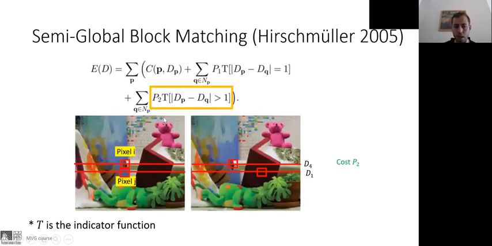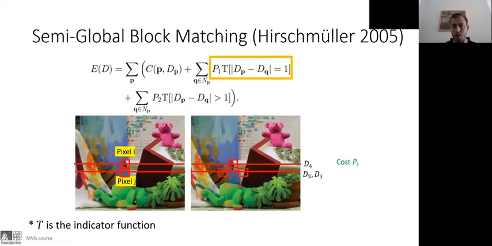For neighboring pixels P and Q, here denoted by I and J, if their disparity difference is larger than one, we pay P2, the cost. For neighboring pixels whose difference of disparity is exactly 1, we pay P1. And if they have the same disparity, we pay nothing as a smoothness term. So that's some simplification that they did.